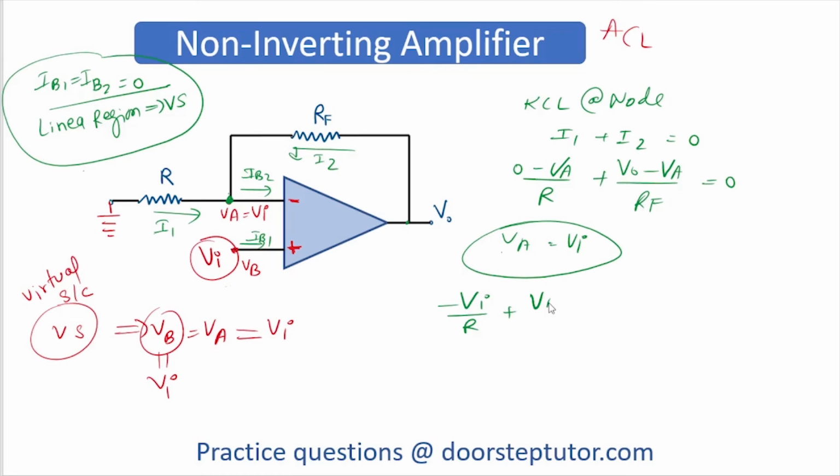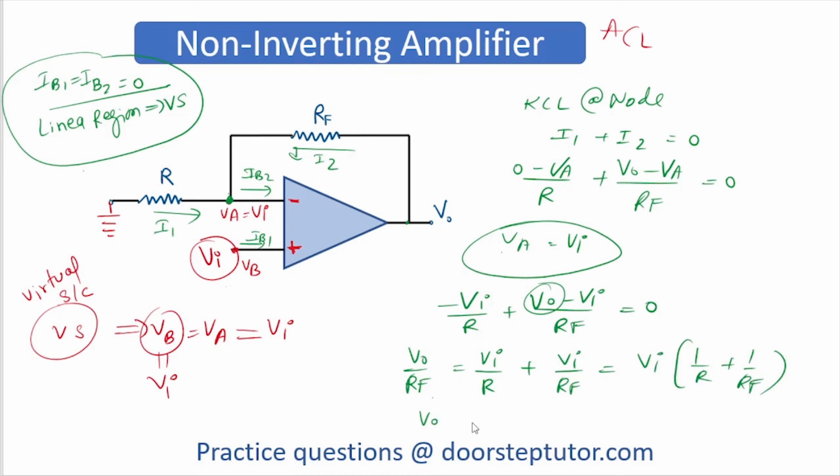So V0 upon RF is going to be Vi upon R plus Vi upon RF. We can take Vi as common, so it becomes (1 upon R plus 1 upon RF) equals V0 upon RF. From here we get V0 as RF into (RF plus R) divided by R into RF.